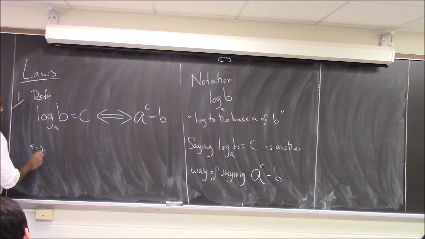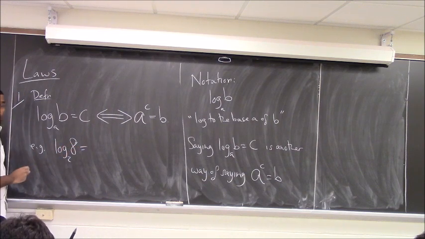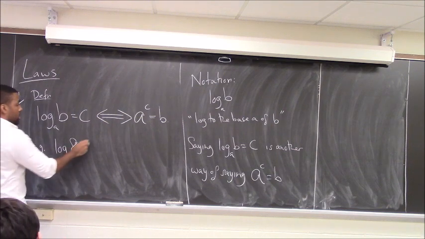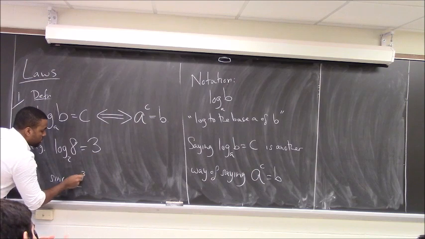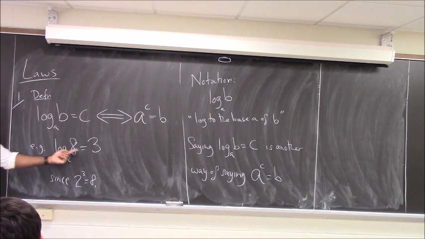So, example, we can say log to the base 2 of 8 is 3. Since if I take 2 raised to the 3, I get 8. Right? So that's what that expression is. This base raised to that power gives me that number, therefore I can say log to the base 2 of 8 is 3.